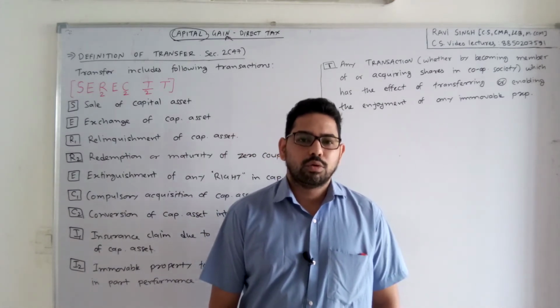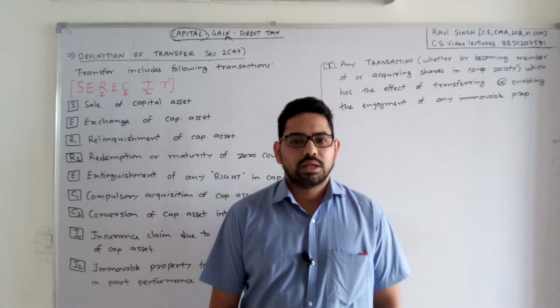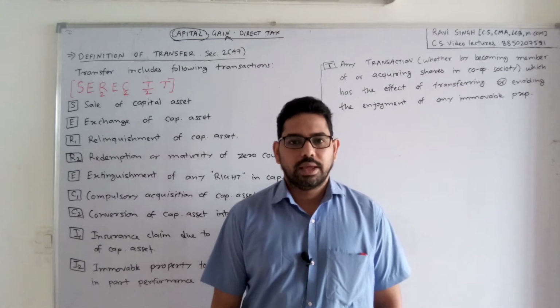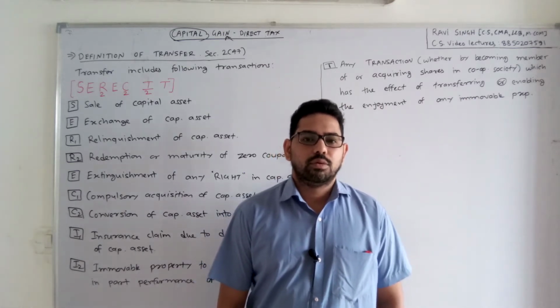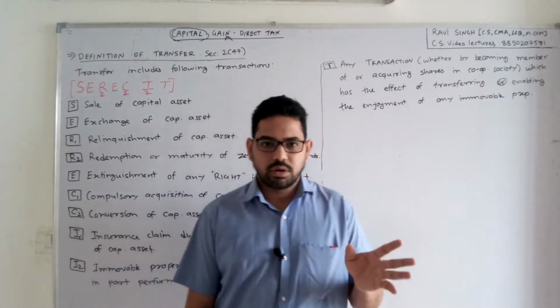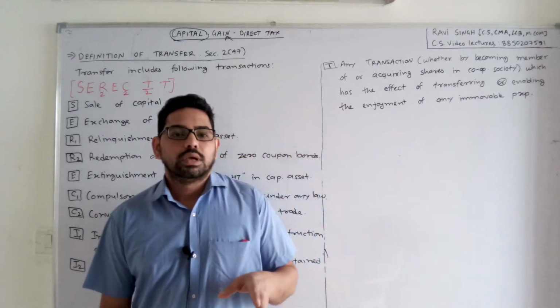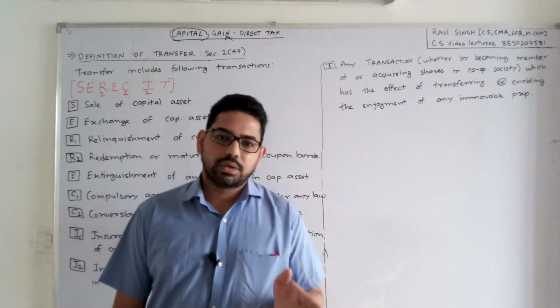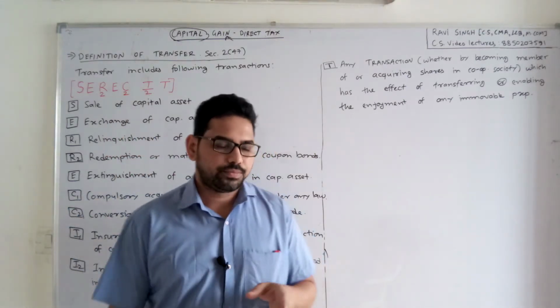It means there will be no capital gain if you transfer your movable personal assets like TV, fridge, your personal car, furniture, fan, whatever household things are there in your house. If you transfer it, there will be no capital gain because they are your personal assets and they are movable.